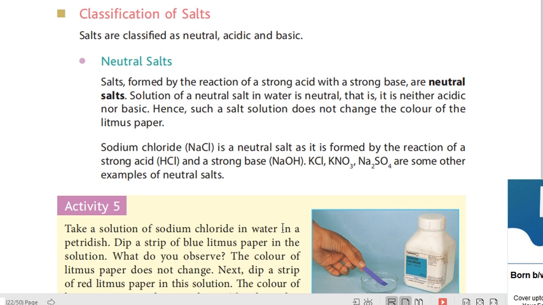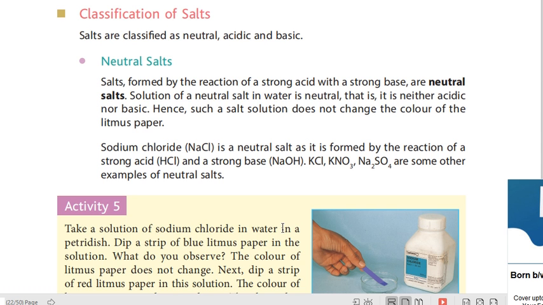Now we have already discussed in the previous classes that some acids like sulfuric acid, hydrochloric acid, and nitric acid are strong acids. Okay, and bases like sodium hydroxide and potassium hydroxide are strong bases.